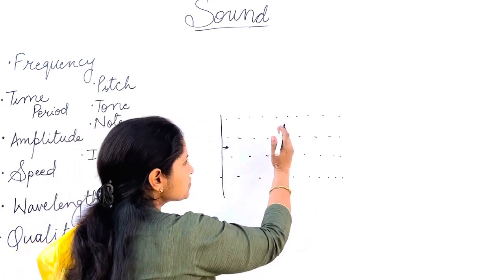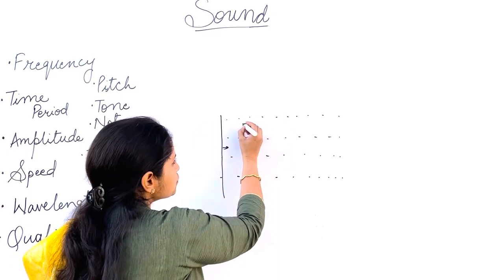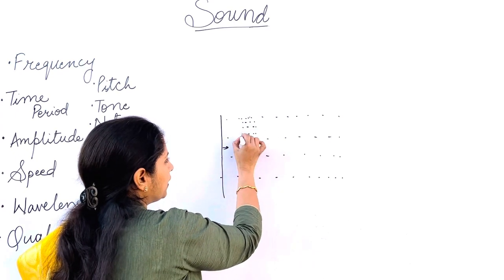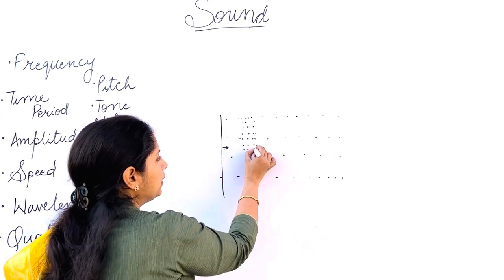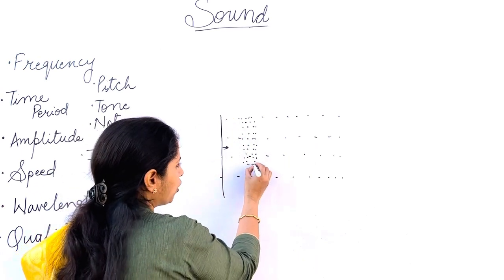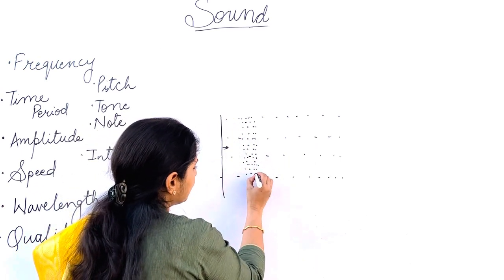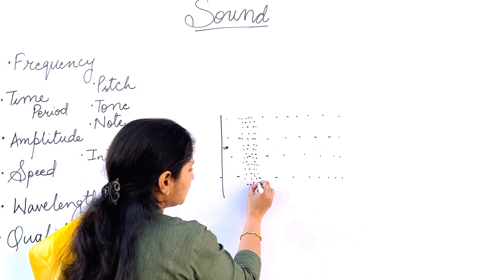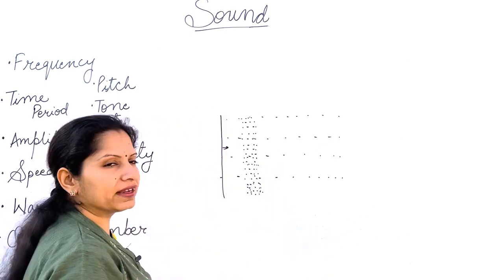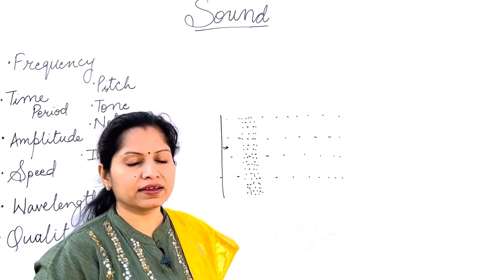So these particles will be pushed forward, and so in a region next to it, there will be an area where the number of particles will be more. Then the particles in the next area where they will be pushed, the number of particles in that area will be increased.